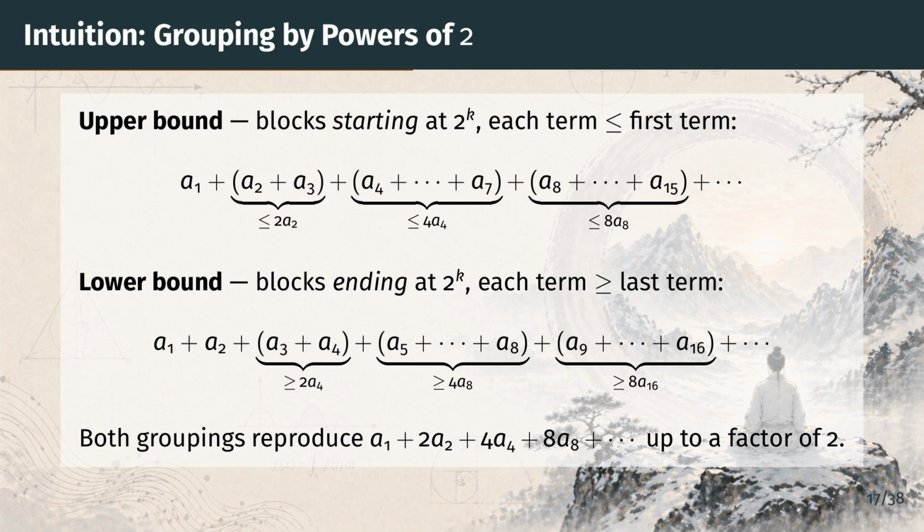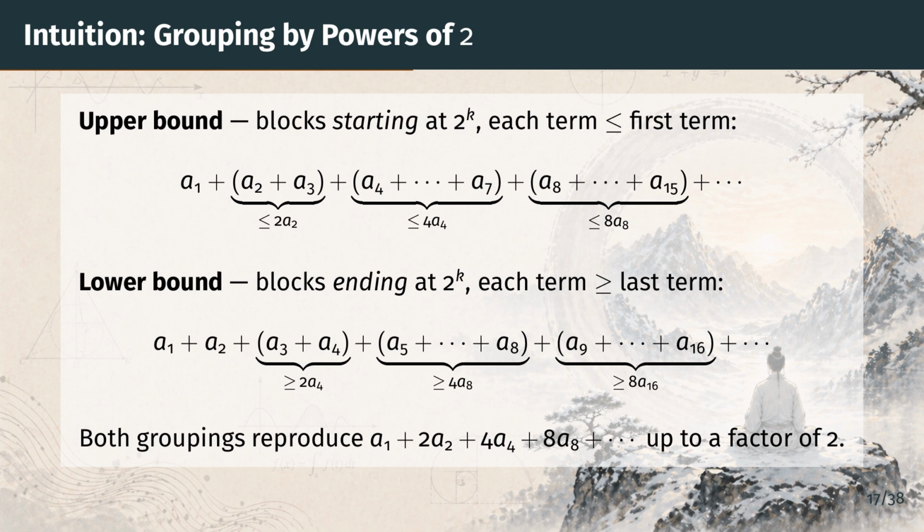Here is the picture behind the proof. Two slightly different groupings do all the work. For the upper bound, shown on the top line, we group the terms into blocks that start at a power of 2. A single term, a sub 1, then the block of length 2 starting at a sub 2, then the block of length 4 starting at a sub 4, and so on.